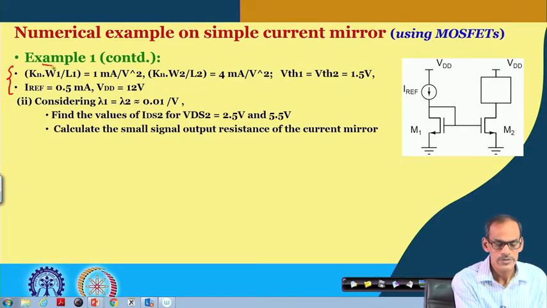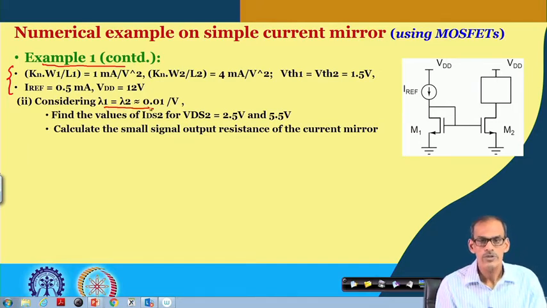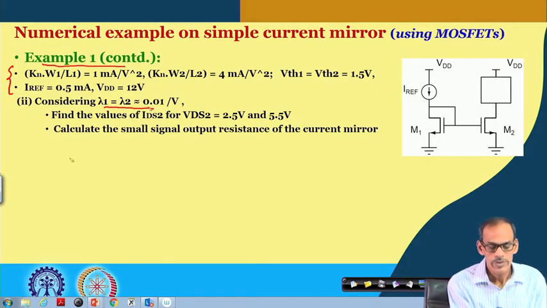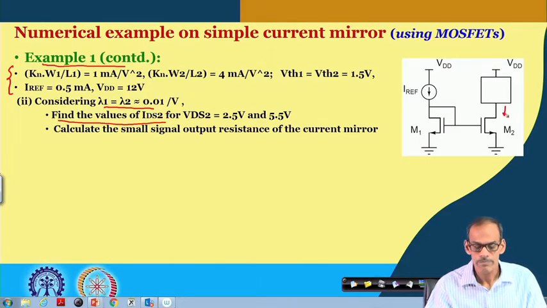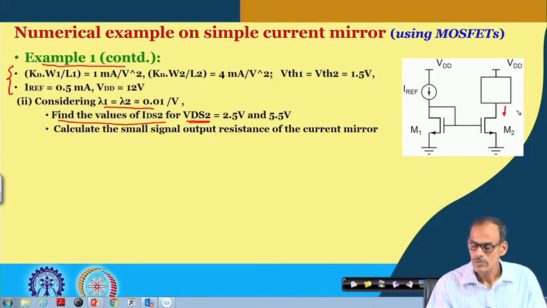In fact, it is a continuation of the same example, but we are considering lambda equal to 0.01 per volt. And then again we can try to find the corresponding value of this current, particularly for two cases, if VDS 2 here is 2.5 and 5.5.